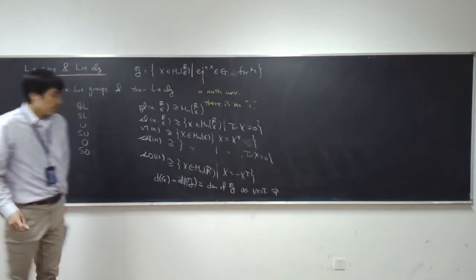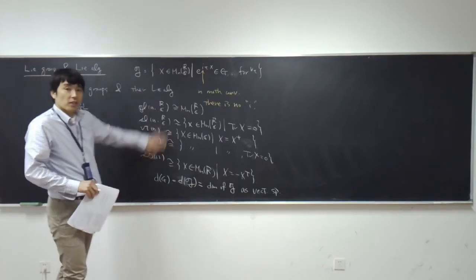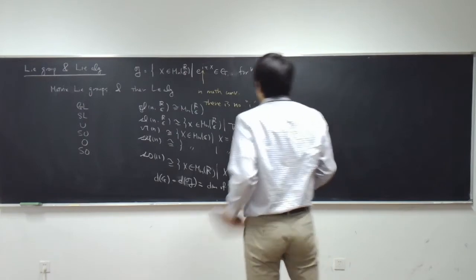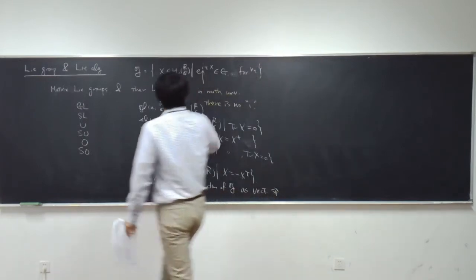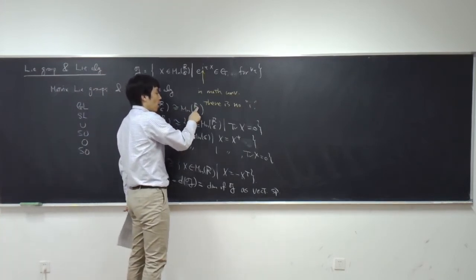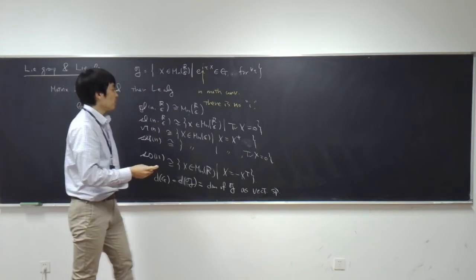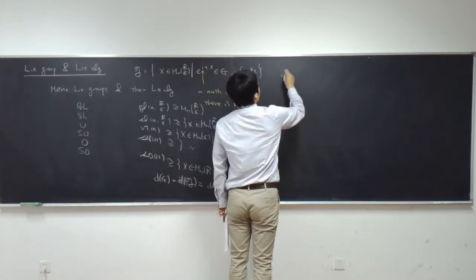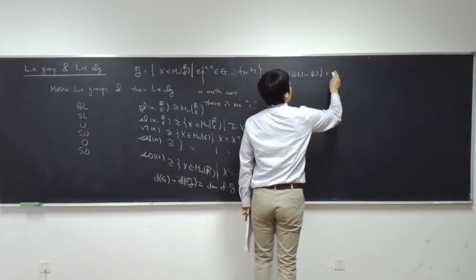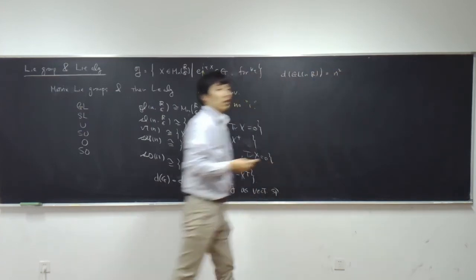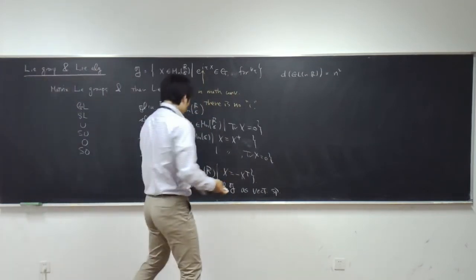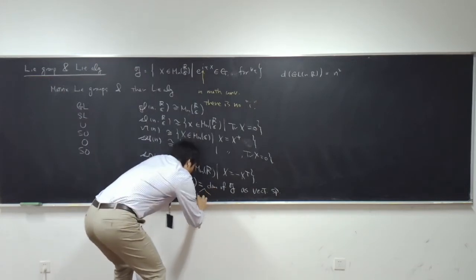It depends on the ground field, R or C. The real dimension of GL(n, R) is of course n squared, since it's an n by n matrix.